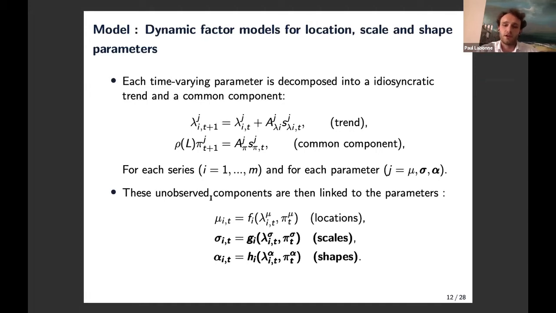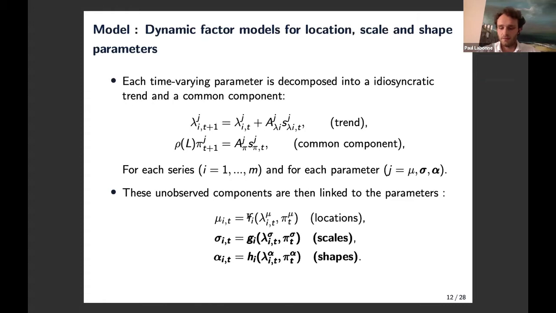And here it's a bit tricky because some series are quarterly and the others, the related series, are monthly. The common model can be either monthly or quarterly. So the idea here is to model the common model to be monthly, and then the location needs to be aggregated to quarterly components for the GDP, for the quarterly series.